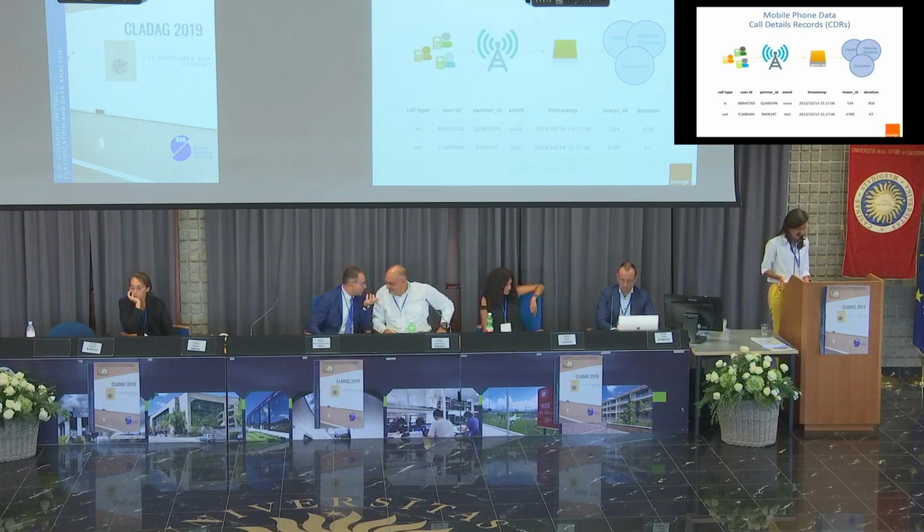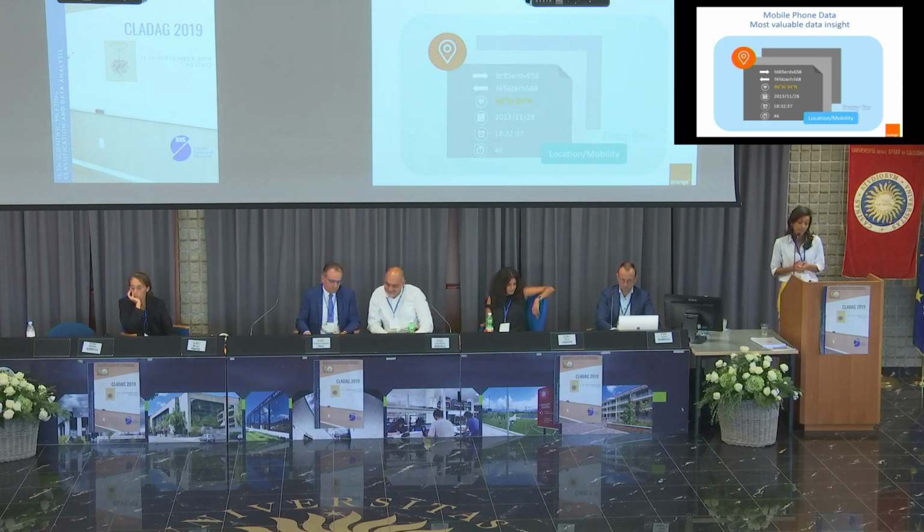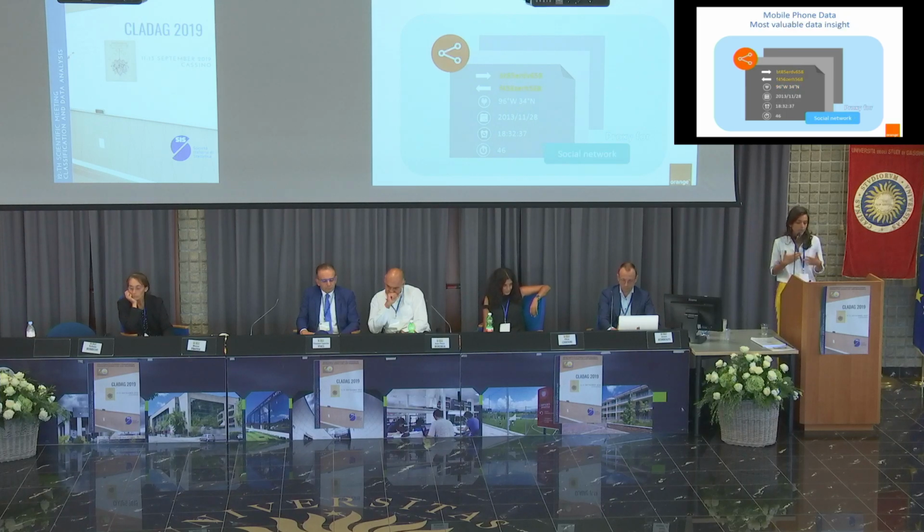So this data could be used, as I said, as a proxy for location and mobility information, because we know the location of the antenna which is handling the communication, so we have an approximation of the location of the user. We can also use this data as a proxy of social interaction, so social networks, who is calling whom, when, at which frequency, and more in general, they are a very good proxy for human behavior.